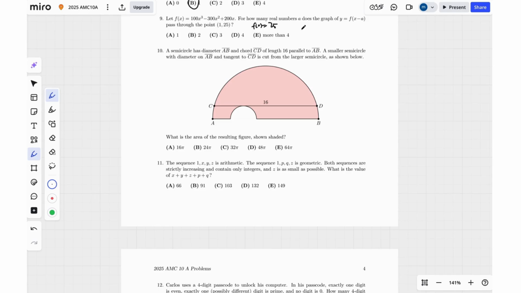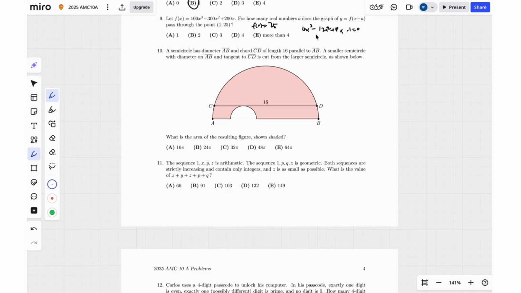So now we can just set this to equal, and then we can divide by 25, so we have 4x cubed minus 12x squared plus 8x minus 1 equals 0.